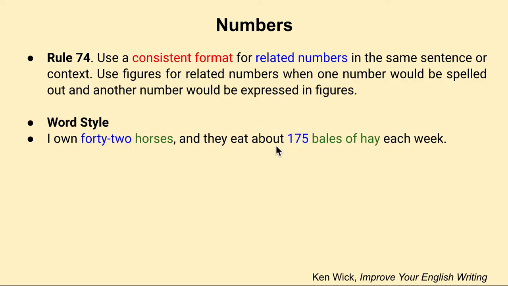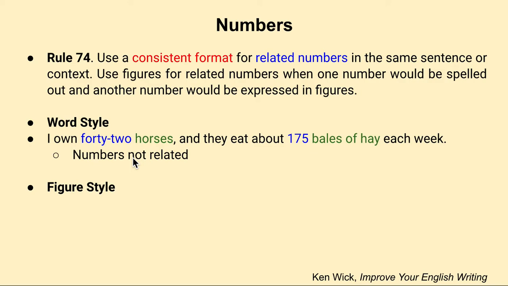The answer is no. So owning horses and how many bales of hay they eat, the numbers are not related. So you would just write them how they would normally be written. But if they were related, then if you had one that was spelled out and one that used figures, you'd use figures for both. So if they are both related, which these are not, then you would use numbers. So this would actually have been a 4 and a 2. But here I have the comment that these are not related numbers.